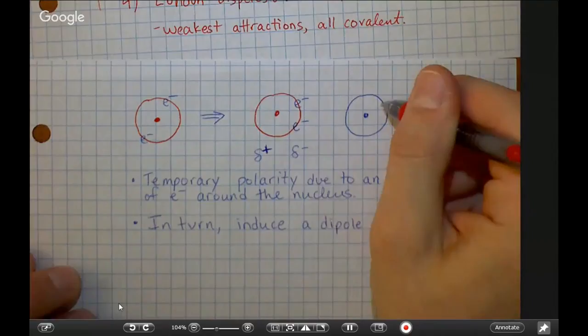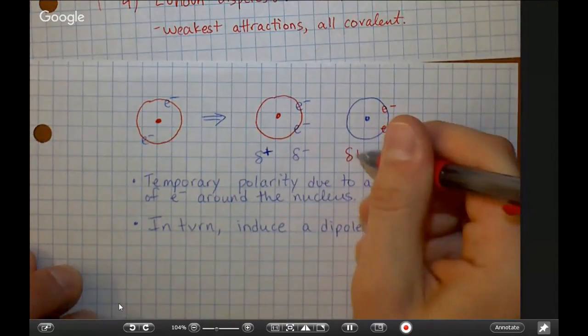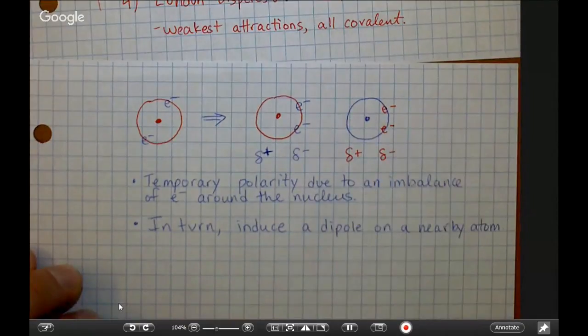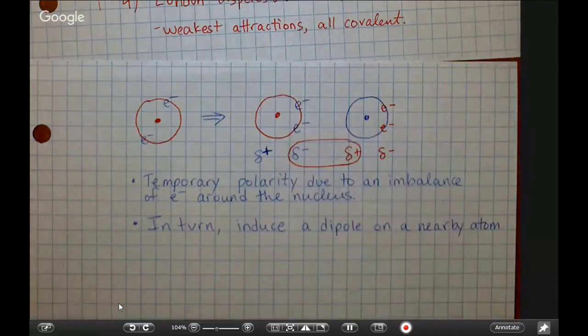So we end up with electrons both on the same side over here, where now we have this dipole taking place. And so notice the negative and positive between them. So we do create this sort of dipole attraction, but it is just temporary, which means it's very weak.